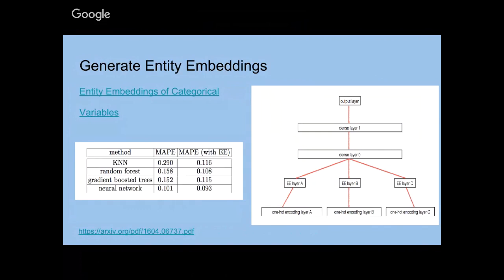Since this is like a neural network, the weights are what are learned over this network. That's how it generates the embeddings. This paper was done on the Rossmann Kaggle competition. So when these new embeddings were sent as inputs, these were the differences in the errors that were observed.